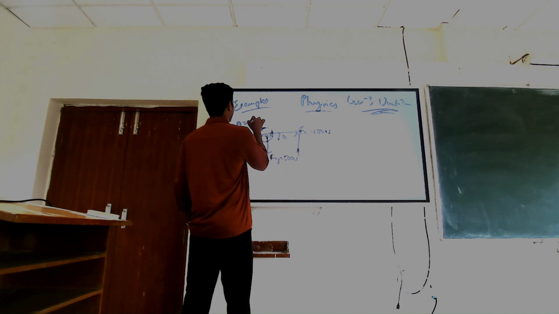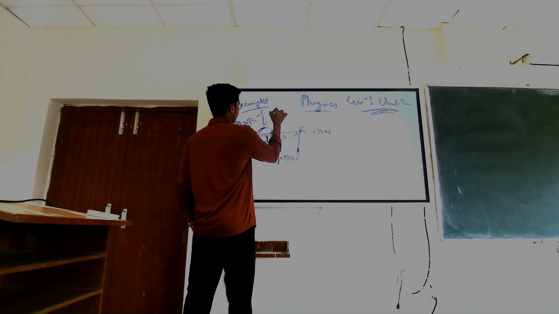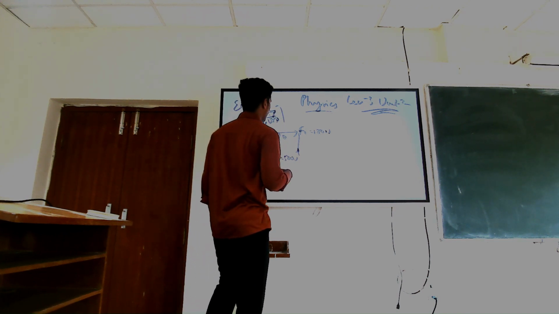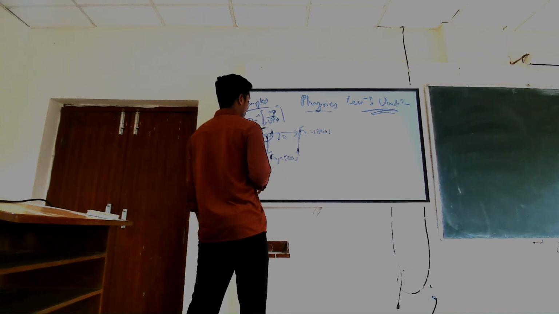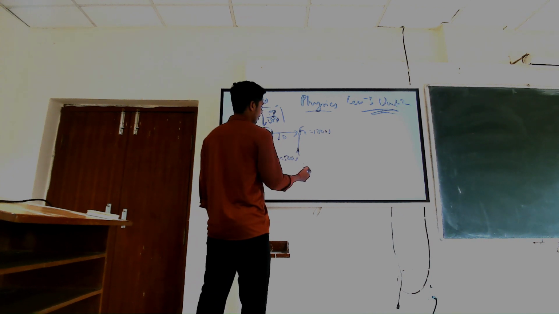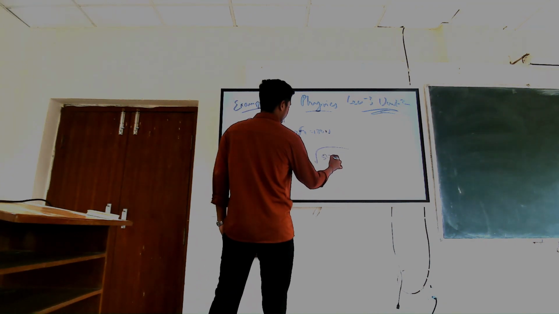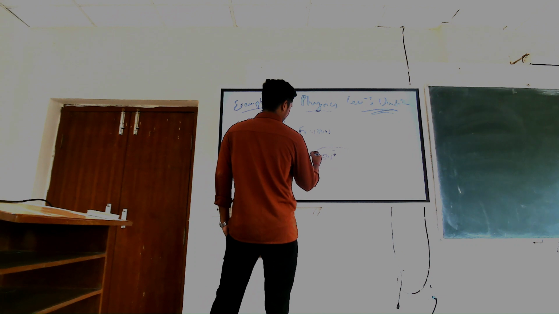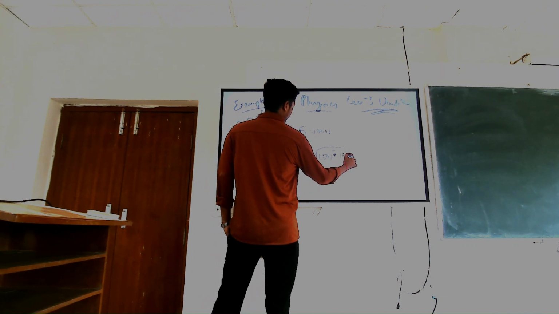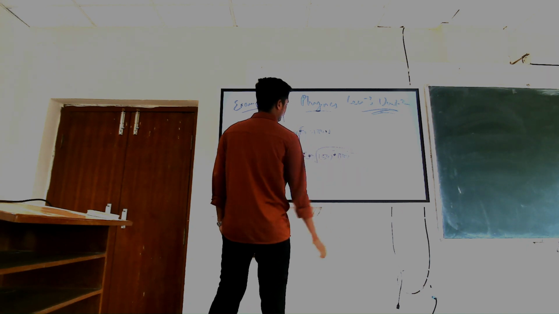We get theta equal to tan inverse of 50 by 180, which is tan inverse of 5 by 18, and the magnitude is root over 50 square plus 180 square. So we get some value.